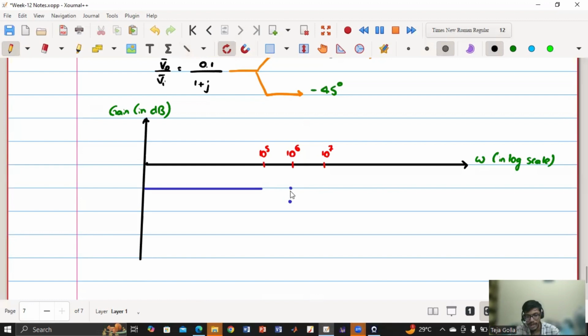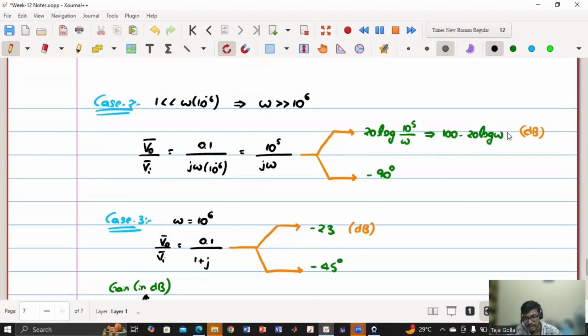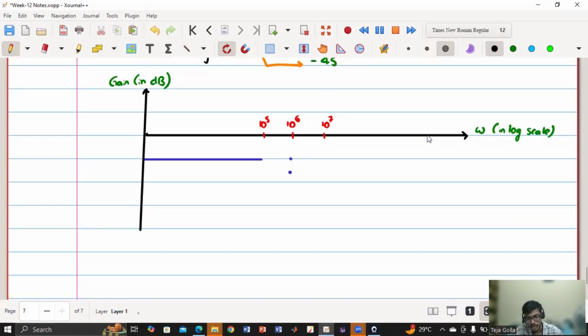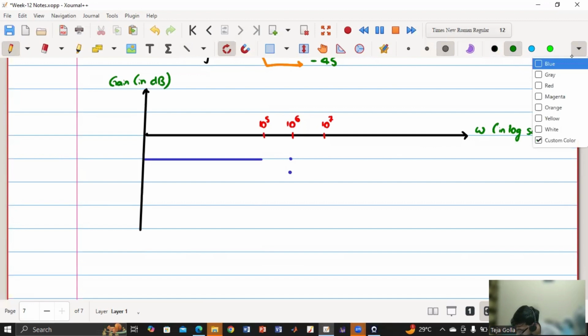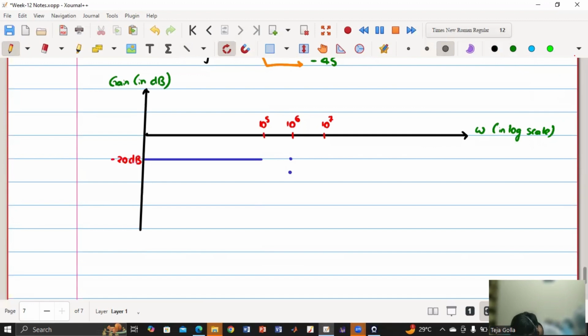Okay. And because omega is in log scale, this is my x-axis. So it is like y equal to 100 minus x. So this will be a straight line. So this is my minus 20 dB.